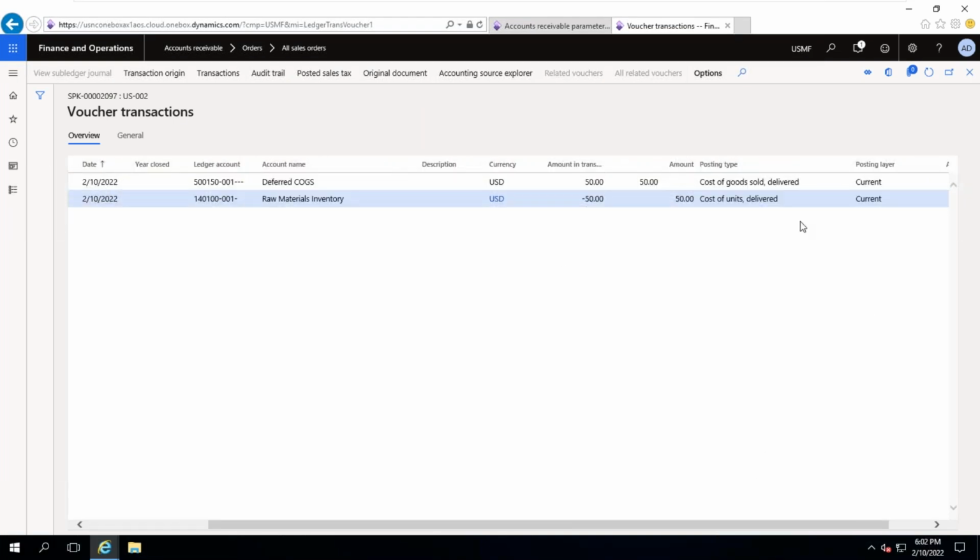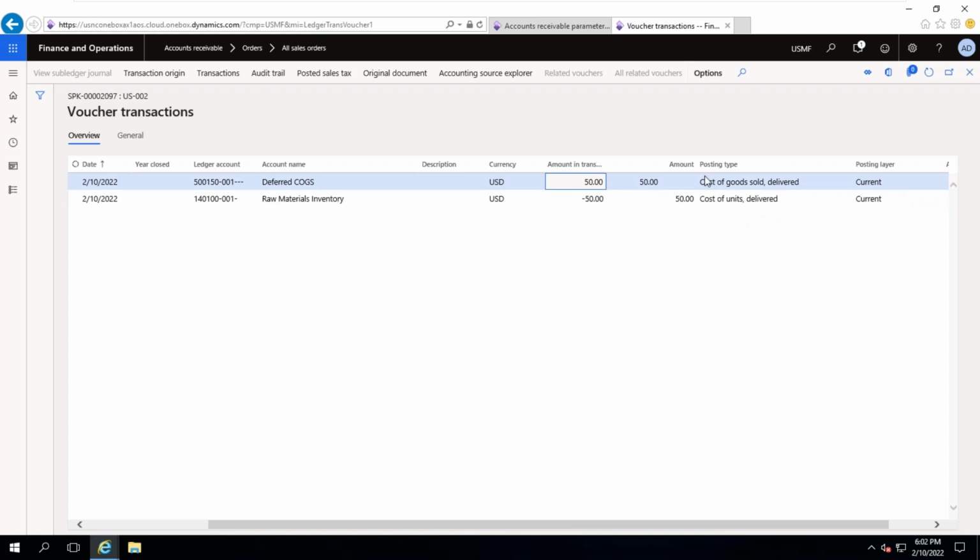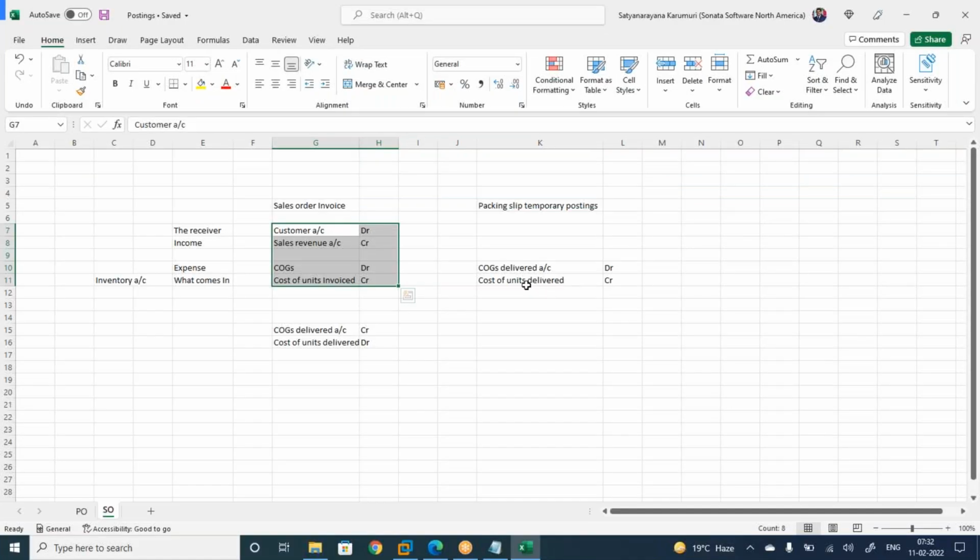COGS delivered account debit to cost of units delivered credit.